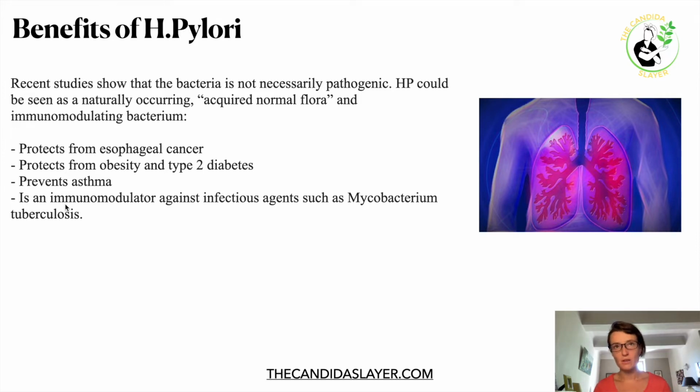So the terrain theory says that you will have overgrowth of this or that bacteria or microbe because there is an imbalance in that area of your body, in that organ. So you will have overgrowth of H. pylori in your stomach because there was an imbalance that happened in your stomach.